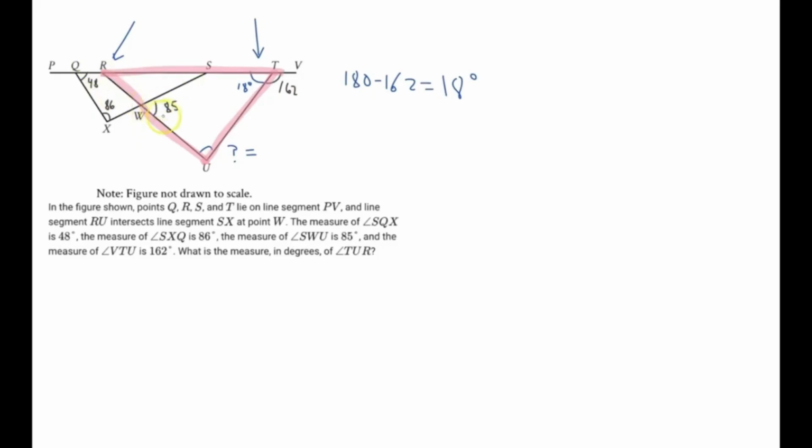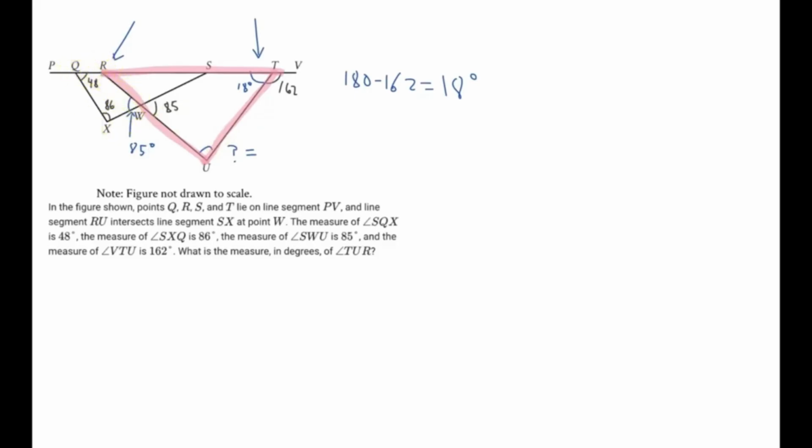First off, we have this 85-degree angle here, and we have a very straightforward vertical angles theorem here. So this angle right here, which is across from the 85 degrees, is also 85 degrees. Another thing I want to note is that this quadrilateral QRWX has four sides, right?